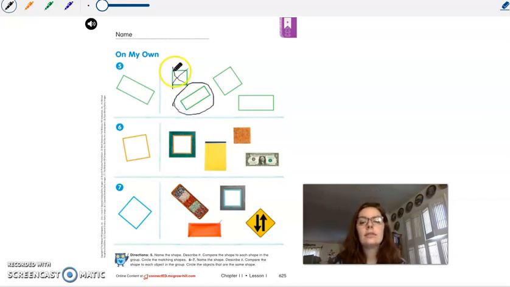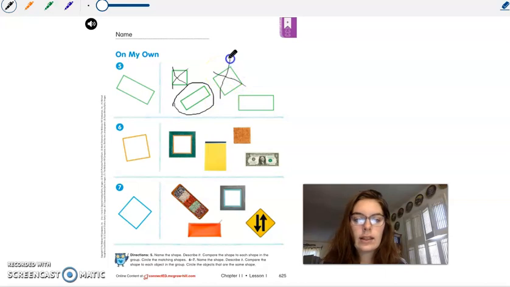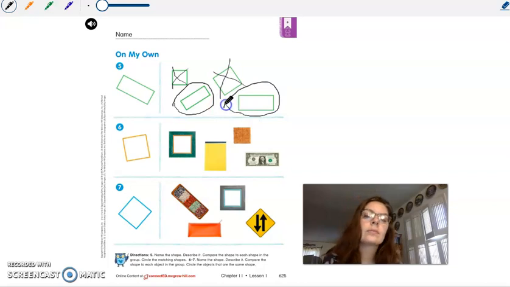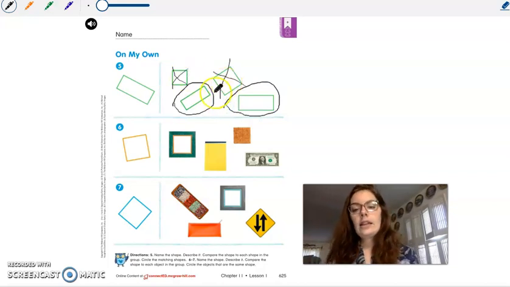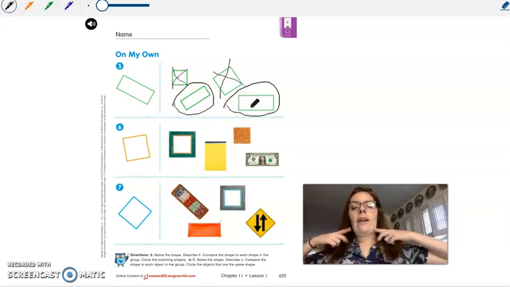So X, circle, X. That's a square. What about this one? Yeah, it's a rectangle. Good job. Circle. Okay, so we have 2 X and 2 circled.